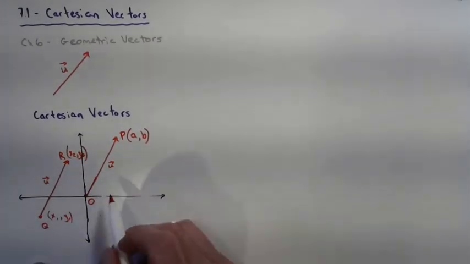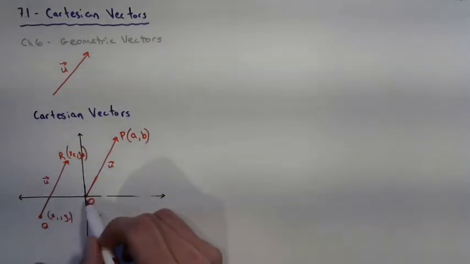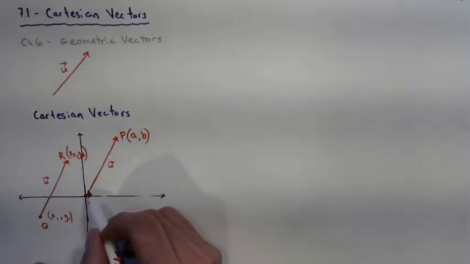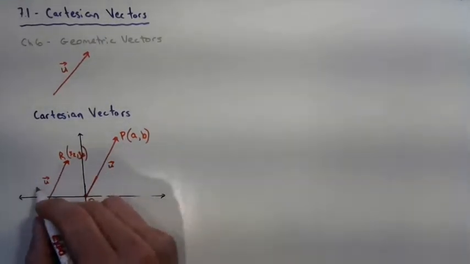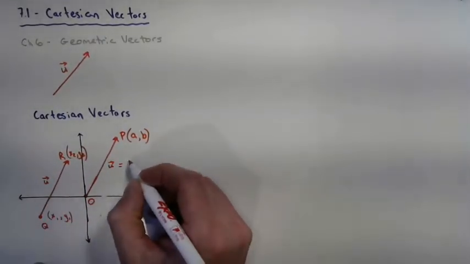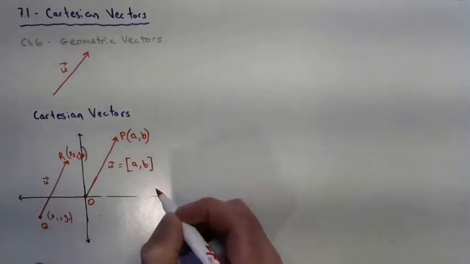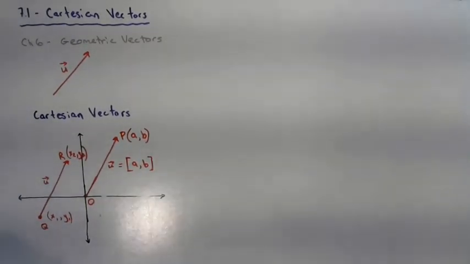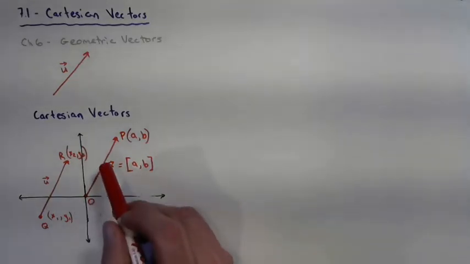So we're talking in general terms here. I have some Cartesian vector that has been translated to give us the position vector. And this position vector, still equal to vector u, is now also called by its coordinates with square brackets. The length of QR is the same as the length of OP.